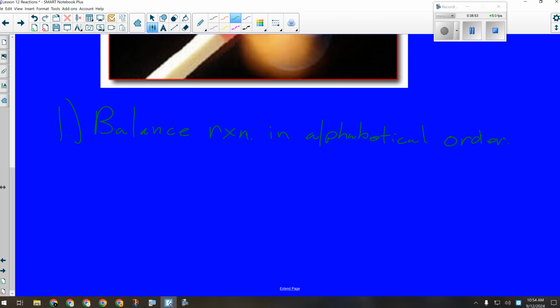So just going to demonstrate here with this reaction, which you can write right underneath that rule. I'm going to balance that chemical reaction in alphabetical order.